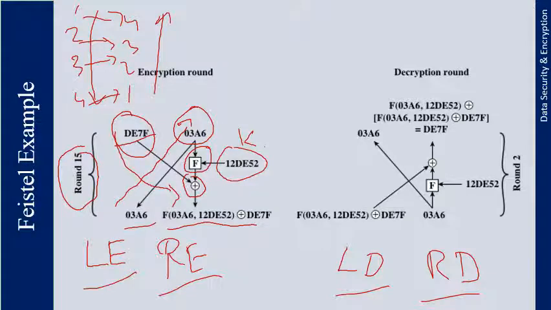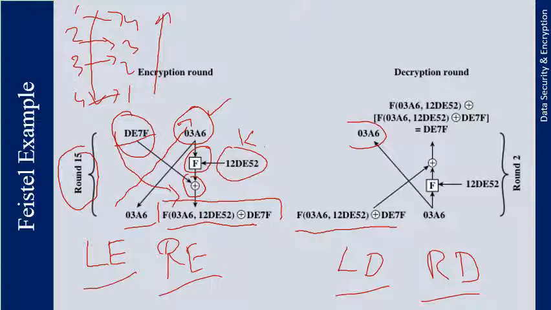Similarly, at the decryption round, we get the same input as this one. That is the f function of a previous step, that is 03A6, embedded with the key 12DE52, and it was XORed with DE7F, and we get the other input that was passed to the future round as 03A6.